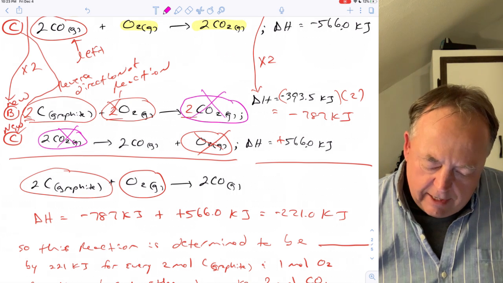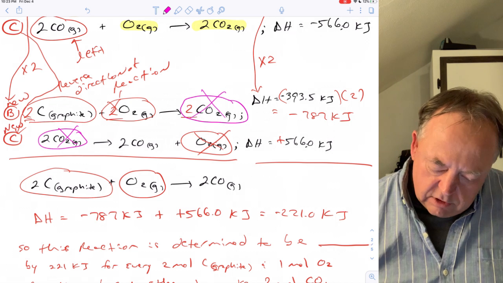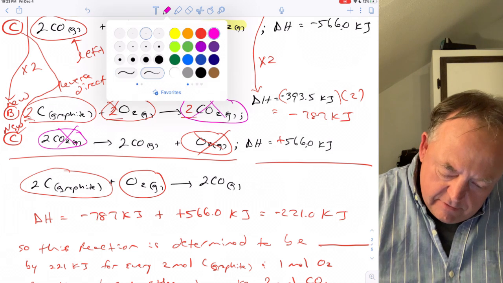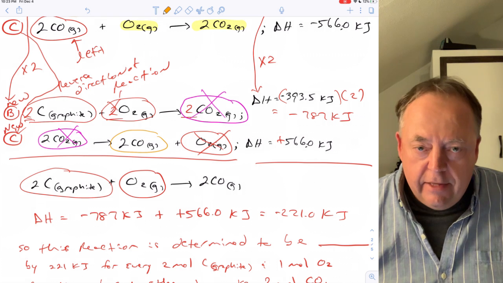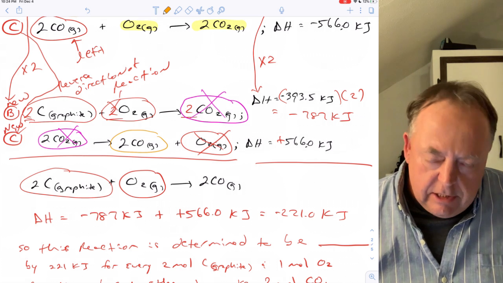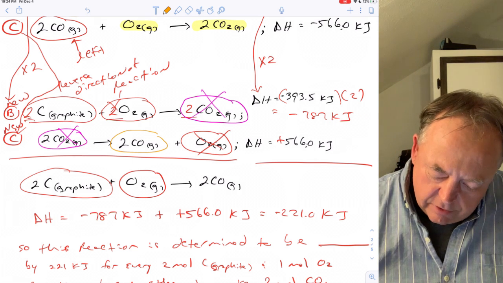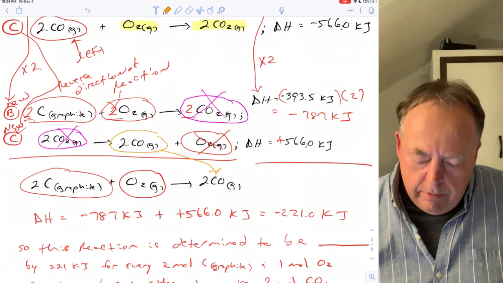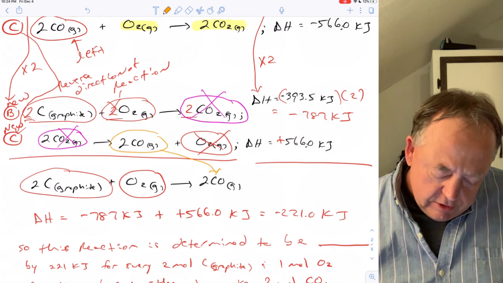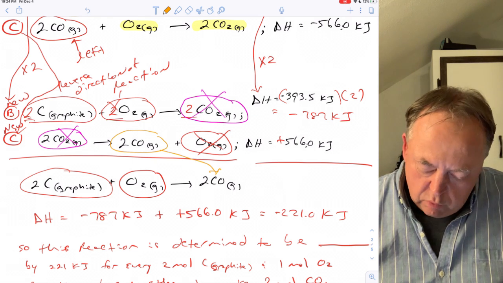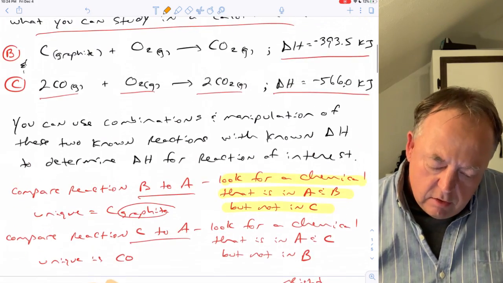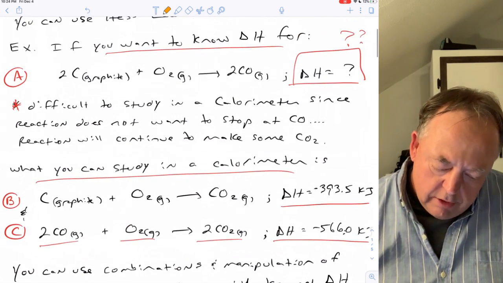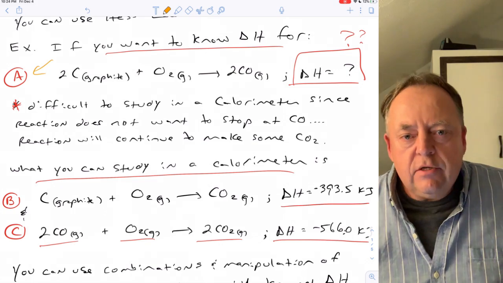And then what's left is two CO in the new C, but there's no CO in B, so there's nothing to cancel it, so it will be in the new reaction. So now we have two graphites plus one O2 to make 2CO, and that is the original equation A that we were interested in.